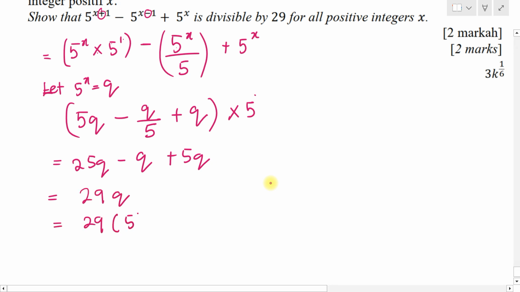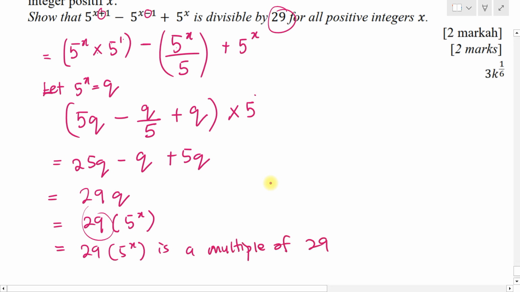29q is what? 29 times 5^x. Okay, so 29 is divisible by 29 lah. Right? You get 29, you can definitely divide by 29. Okay, so 29 times 5^x is a factor of, or is a multiple of 29.